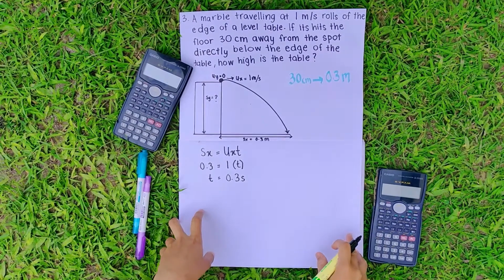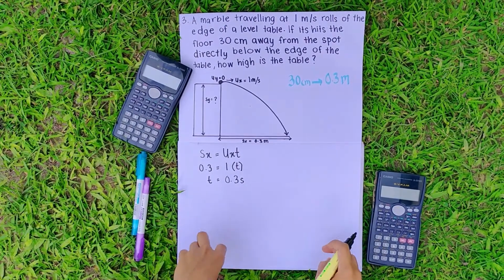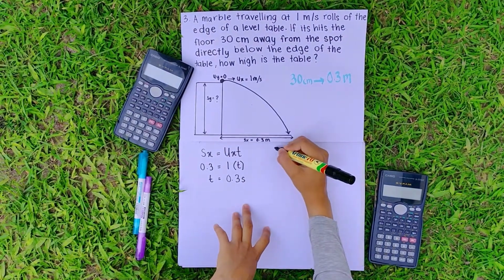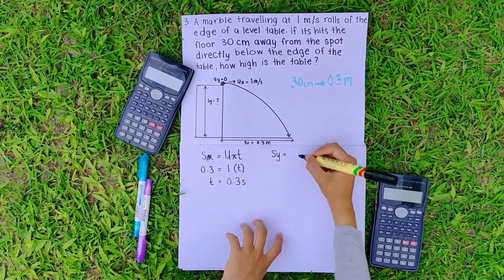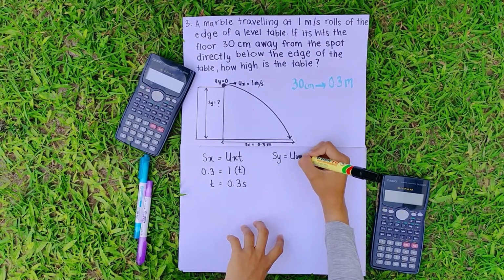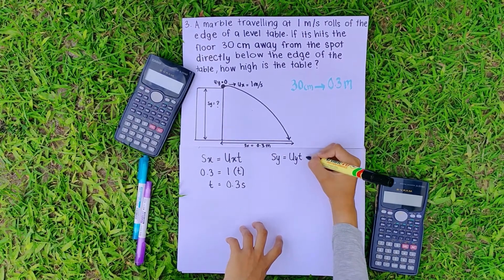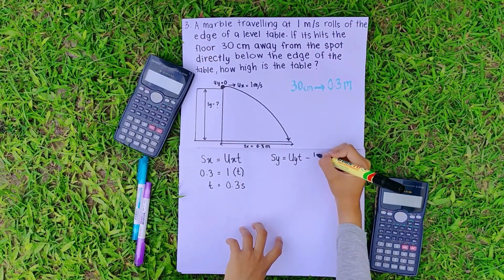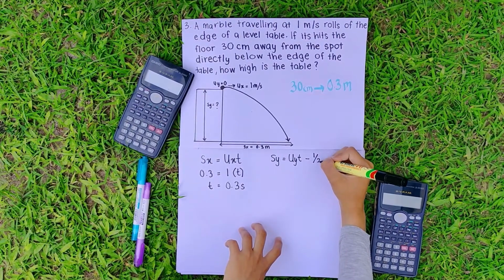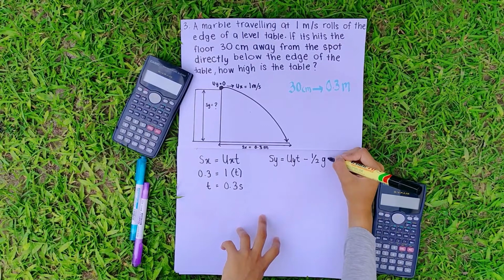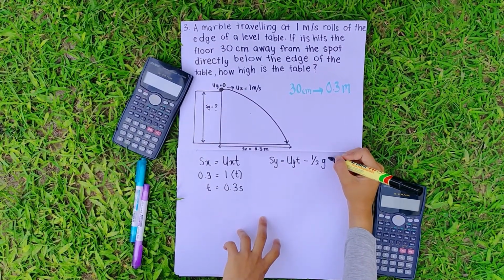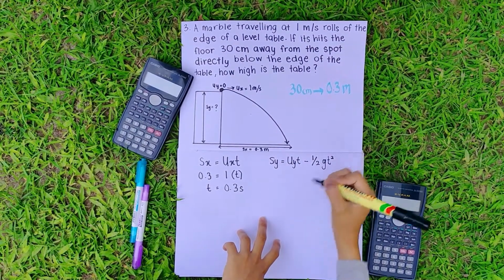Okay, next step is we must use the formula sy equal to uy multiplied by t minus 1 over 2 g, which is gravitational, multiplied by t squared.